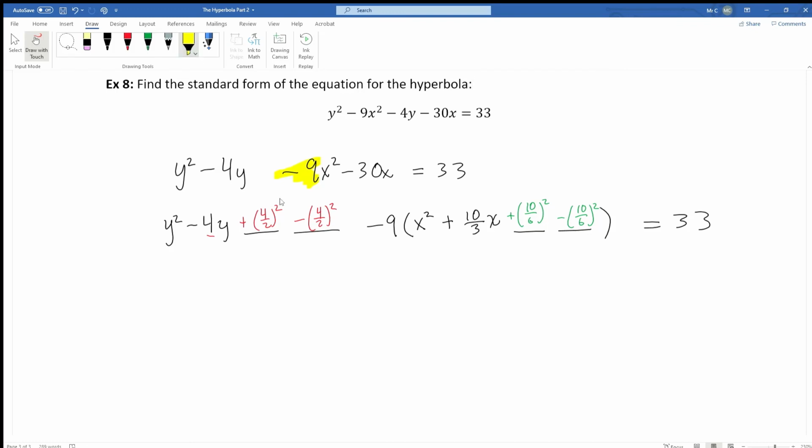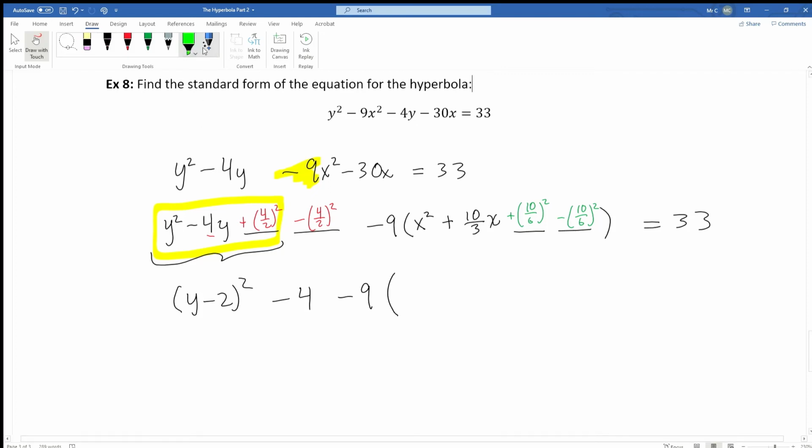So if I factor these terms here, I'm going to skip a little step ahead because we've done this a couple times now. This is 4 over 2 is 2, right? All squared. When I factor this, I'm going to get y minus 2 all squared. That's this whole trinomial here. And then this is minus 4 over 2 squared. That's minus 4, right? 4 over 2 is 2, squared is 4. Minus 9 times.